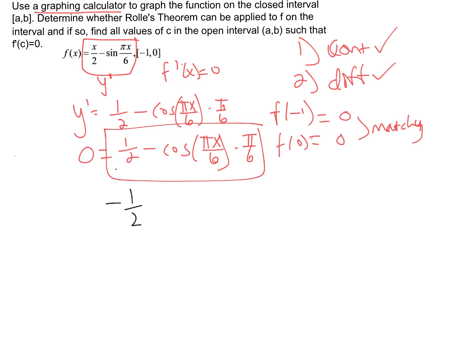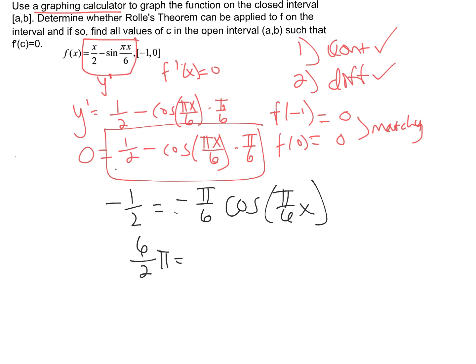So it'd be -1/2 equals, I'm going to throw the pi over 6 here in front. So I'd multiply both sides by 6 over pi to undo that fraction. So I end up with 6 over 2 pi equals cosine of pi over 6x.